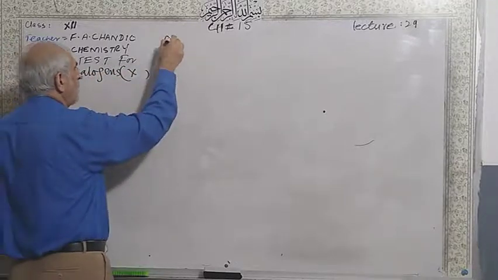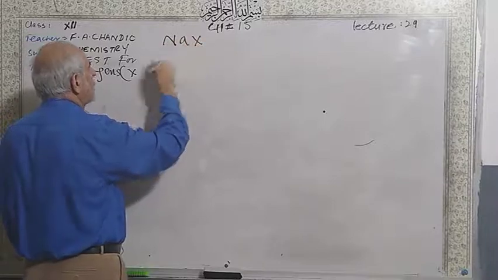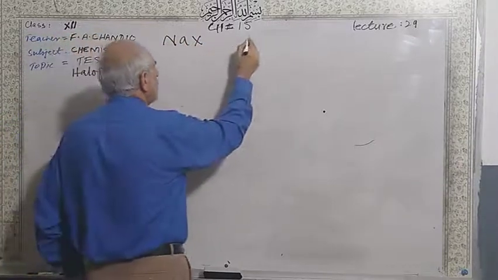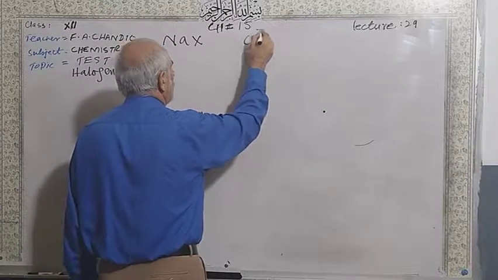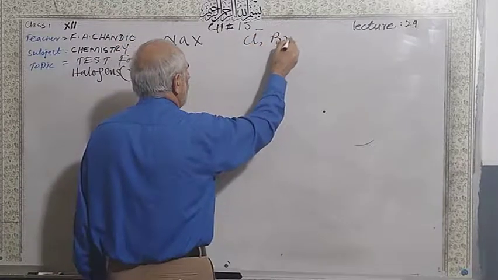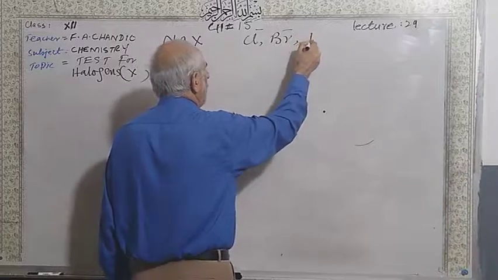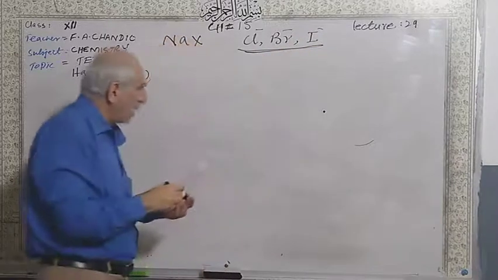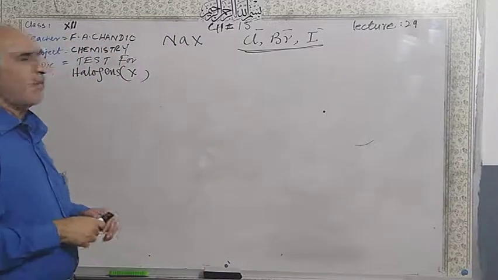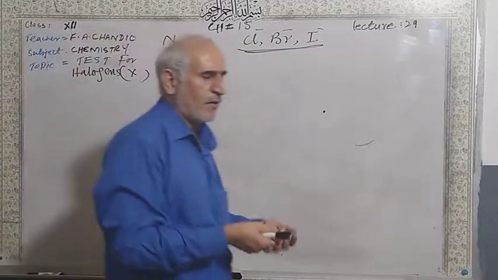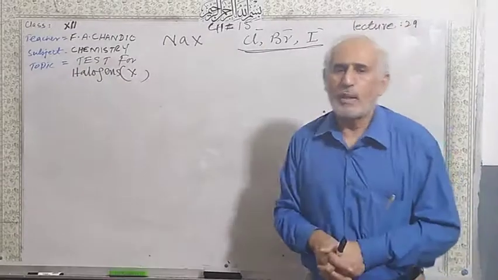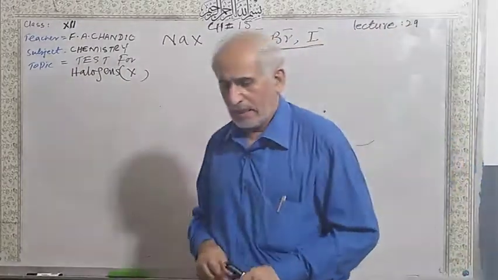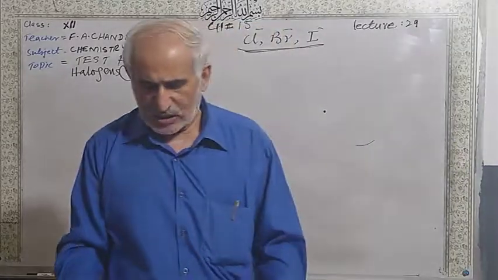It means that you have a sodium halide in the Lassaigne solution. Maybe these are in the form of chlorides, bromides, or iodides, not fluoride. Maybe you have sodium chloride, sodium bromide, or sodium iodide in the Lassaigne solution, in the sodium extract solution.